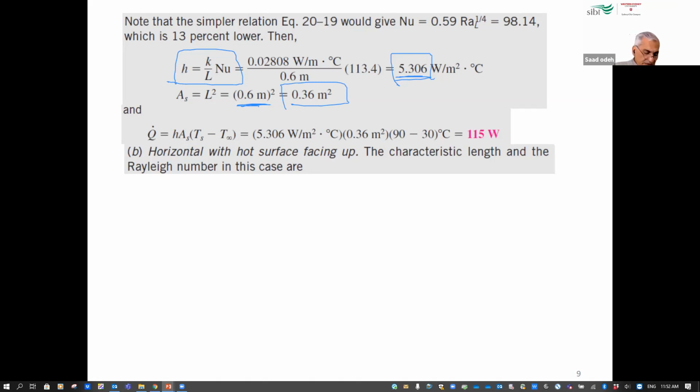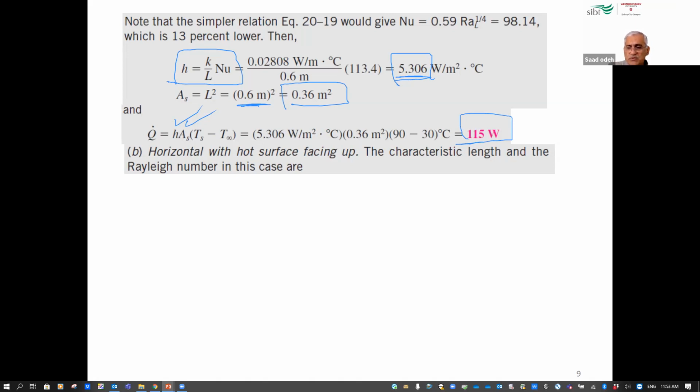Now we have the area of the plate, the heat transfer coefficient, and the surface and air temperatures, both of them given. So just substitute the values and we get the heat transfer rate. This is for the first case. Just remember the first case, we put it down on the paper. The first case gives us 115 watts.